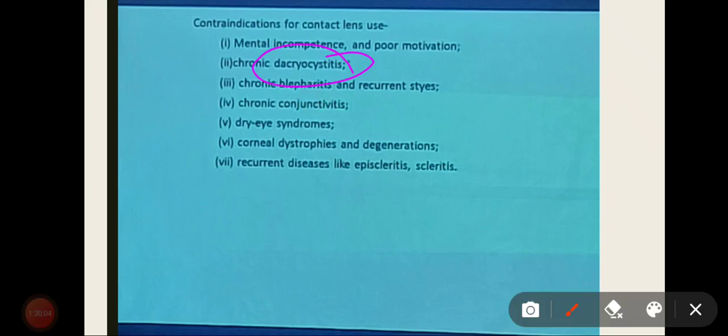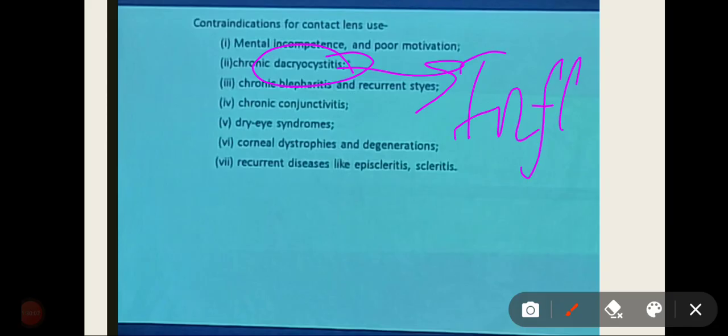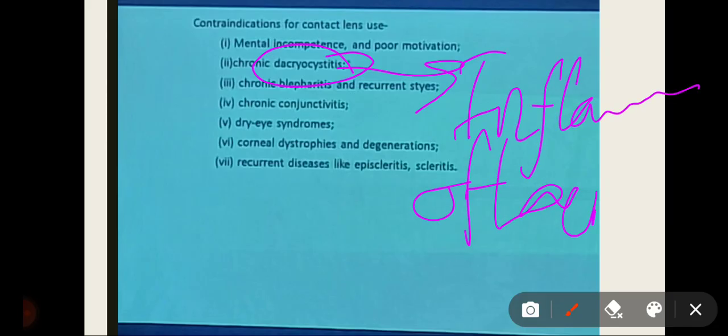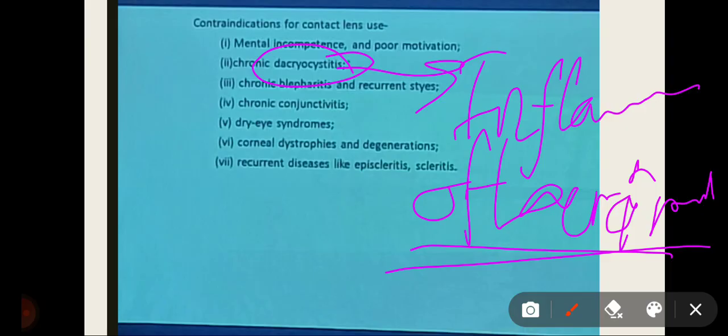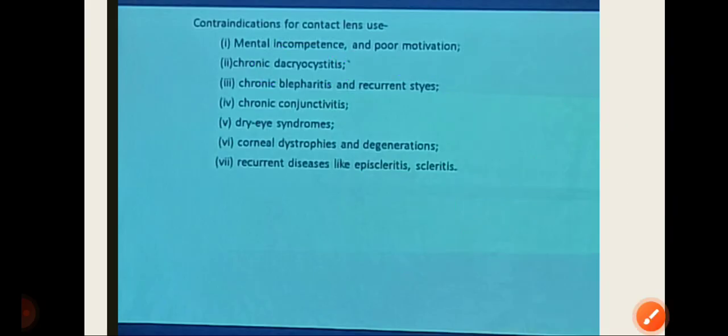Dacryocystitis means inflammation of the lacrimal sac, a structure that becomes inflamed and causes dacryocystitis. Others are chronic blepharitis, recurrent styes, chronic conjunctivitis, and dry eye syndromes. Corneal dystrophies and degenerations, and recurrent diseases like episcleritis and scleritis. These are the contraindications of contact lens use.